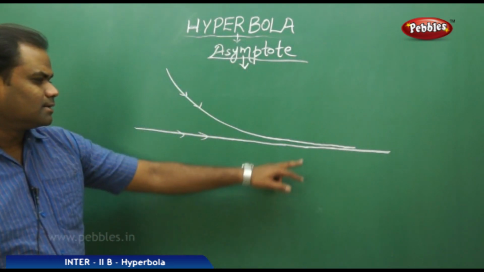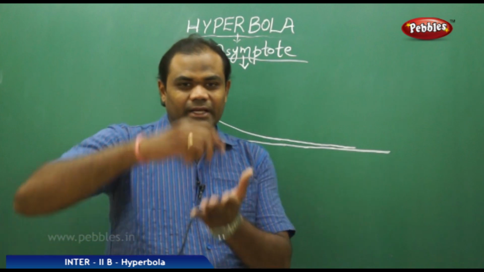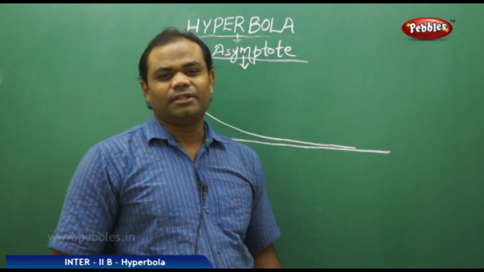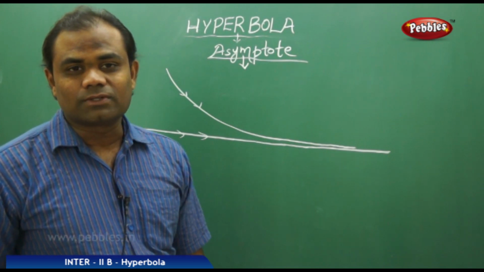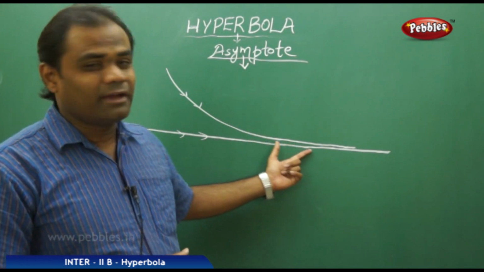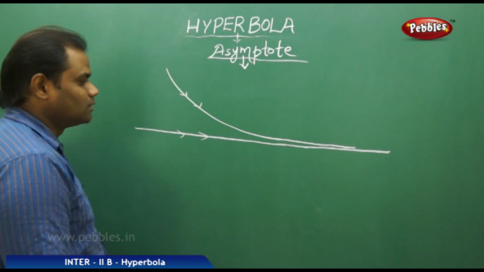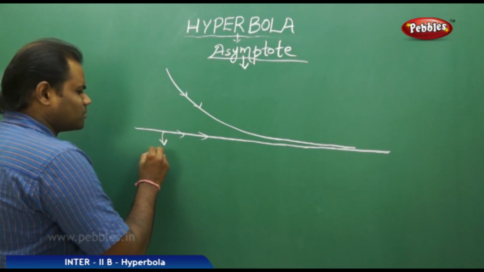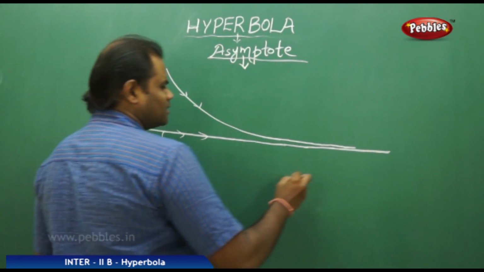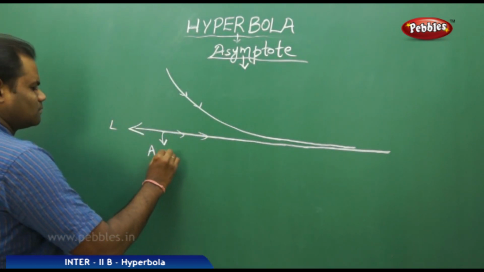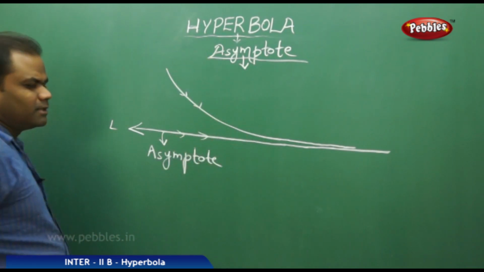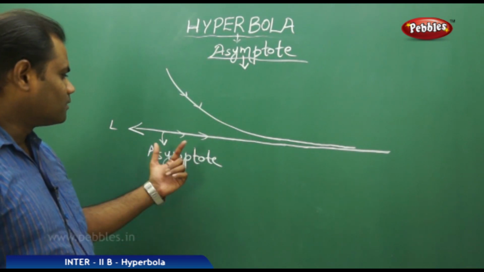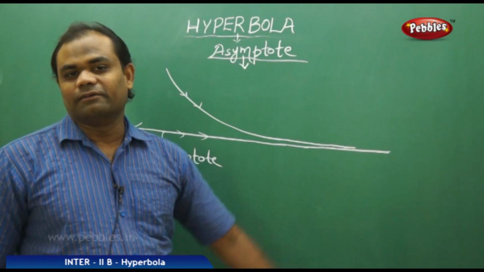They have at least some minute distance between them, which is called asymptotic behavior. This kind of behavior of a line with respect to the curve is called asymptotic behavior, and this line is called an asymptote.